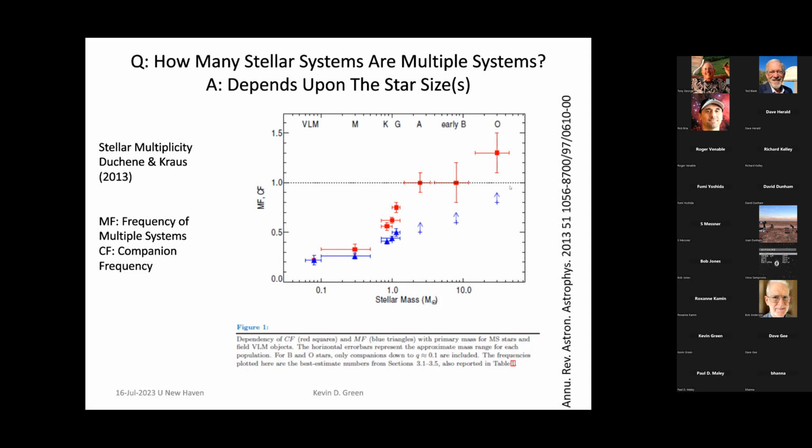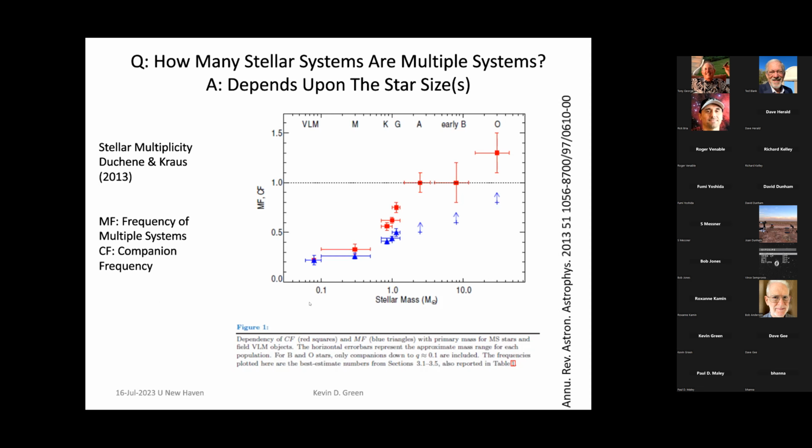You go to the larger systems, and they tend to have more companions. And that's the red, what's called the companion frequency. So if you look at a system with 10 solar masses or more, there's usually one companion. On average, there's about one companion, which is kind of surprising, but that's the way it is.